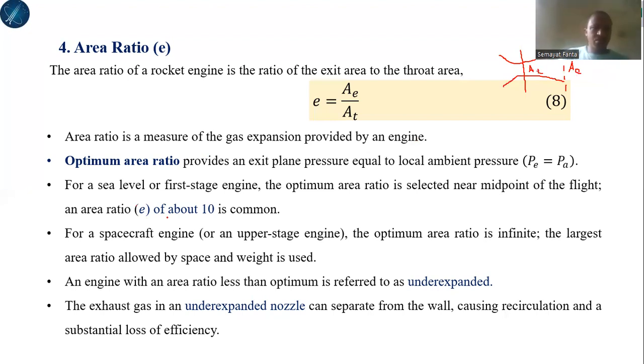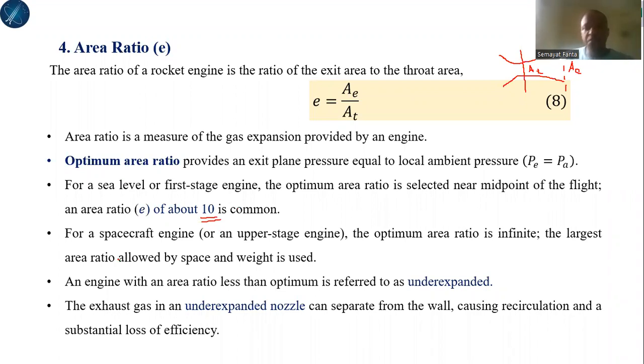So in most cases, we may select 10 as a common value. And it depends on your design, so this 10 is not just fixed, but we can check our performance by 10 design.